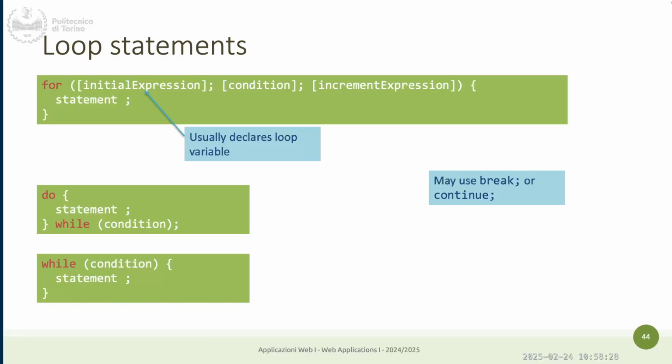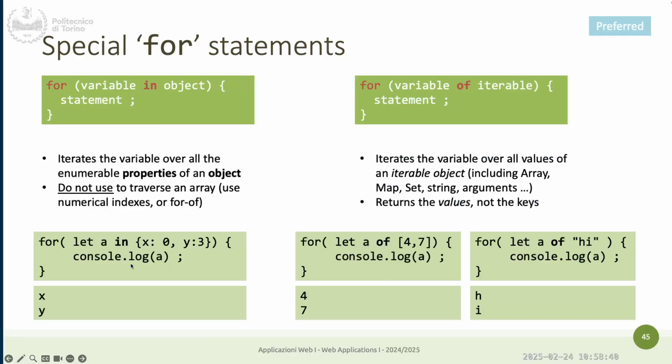So for let i equal to 0, semicolon, i less than 10, and so on. And do while and while are the same, copied from C. Plus, we have special forms of for statements used for iterating over structured objects. And there are two forms.